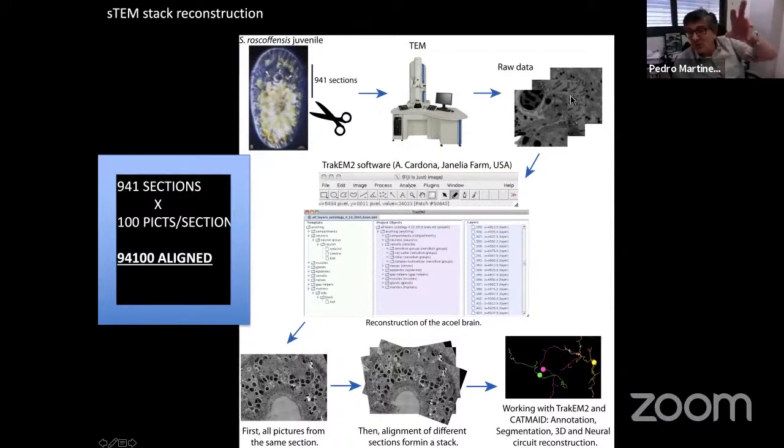Here in the lower part you have some of these pictures, aligned semi-automatically using a series of aligning methodologies. So in a sense, what the student, who is very patient, has done is to take 100,000 pictures representing the first third of the animal at subcellular resolution, and align and treat them all.